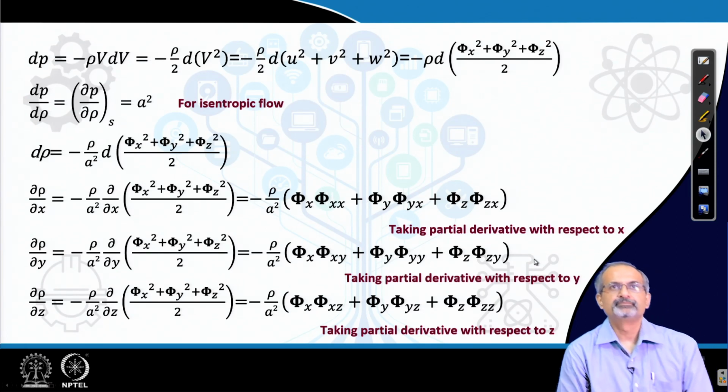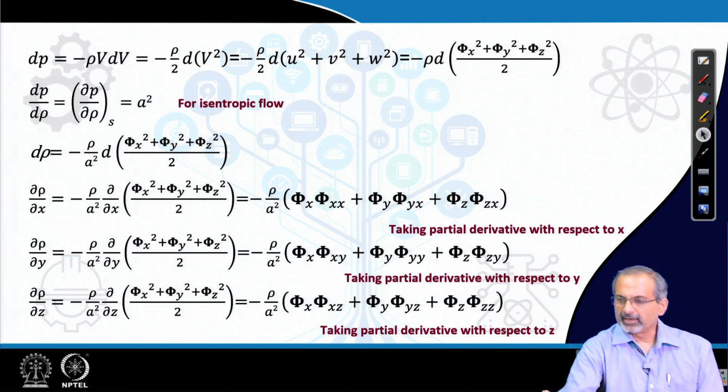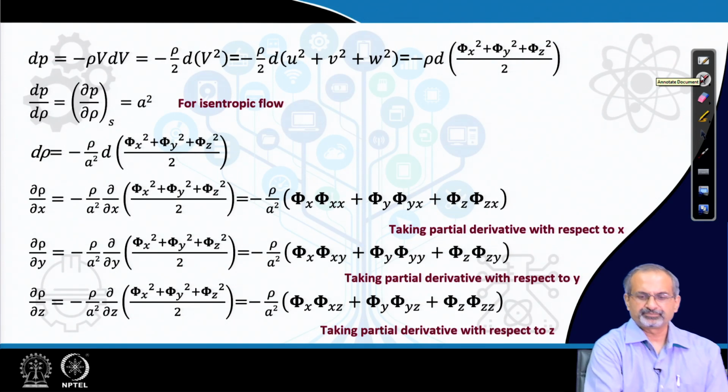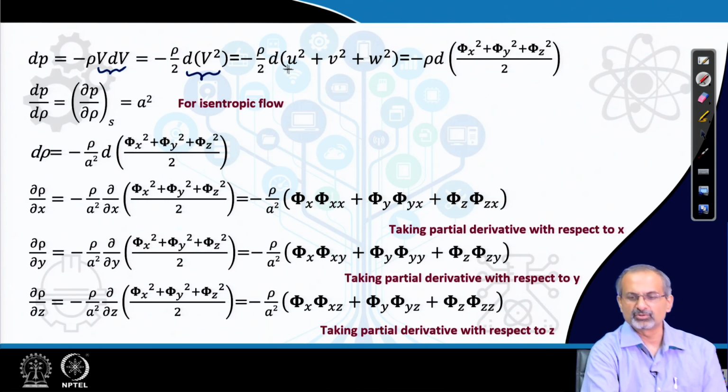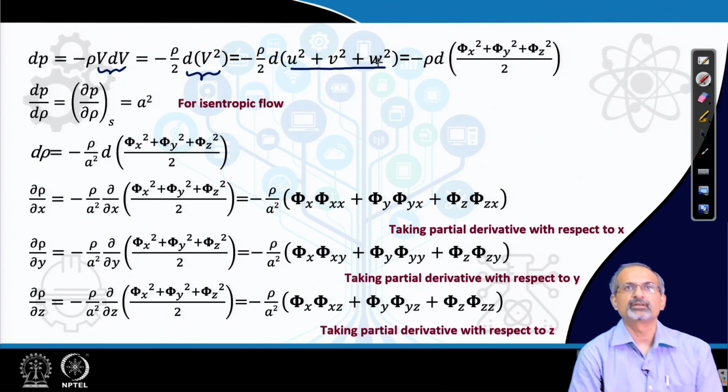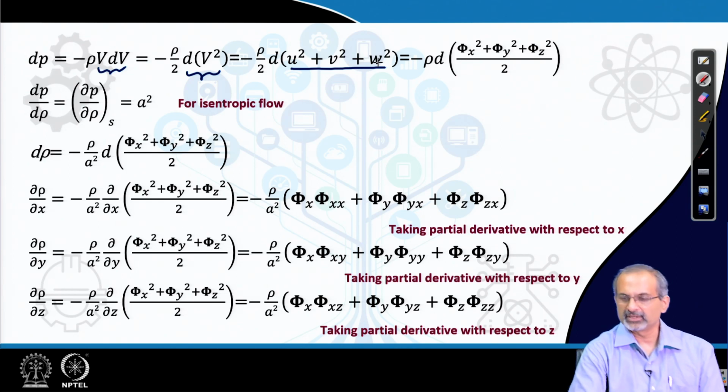Let us move on. We will write the Euler equation in this form. We put the v dv term in this form, d of v square, and then we introduce the velocity components here to express capital V square, and thereby we can bring in the first derivatives of phi. We square them and we sum them and divide by 2.